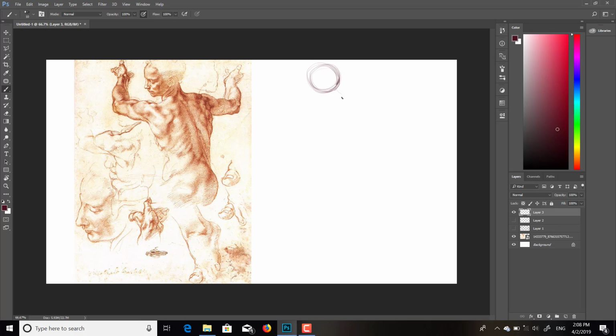Then you have to find spine, which has 3 parts: cervical part, thoracic part, and lumbar. Here is cervical, thoracic, and lumbar.